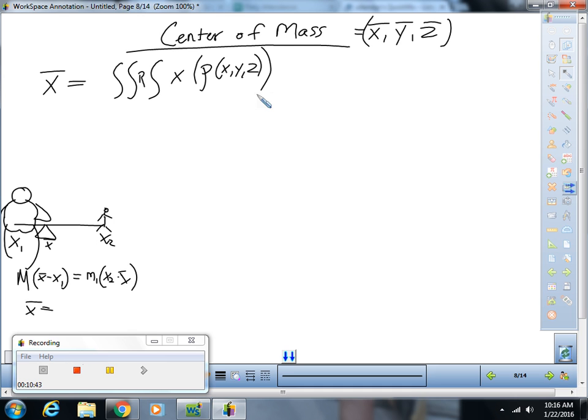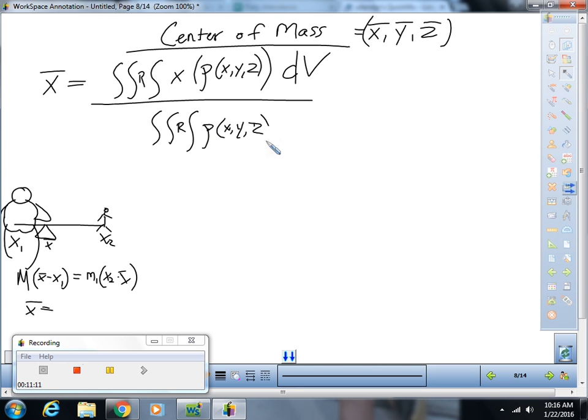And then this is dV for volume, okay? But we're not done yet, remember? Then you've got to divide by the mass. So you divide by the triple integral of just rho. Remember, rho is a density function. So that's how you find x bar.